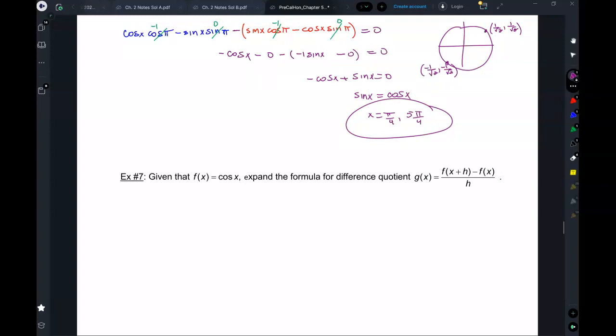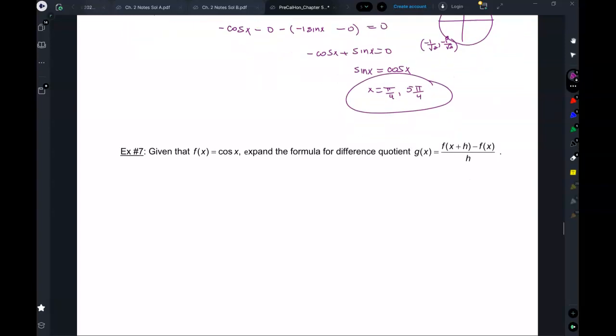Now, what we're going to do here is we're going to get used to a skill that you're going to use a lot in chapter 12 and then in calculus. So, here's what we have.